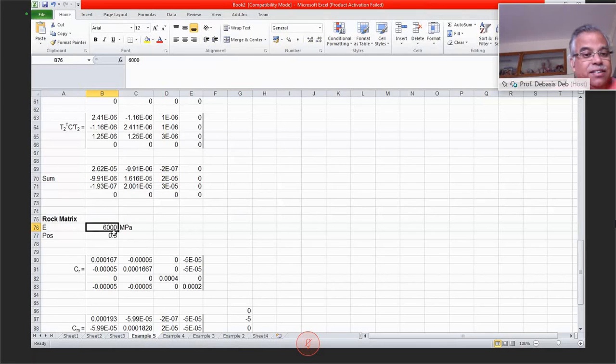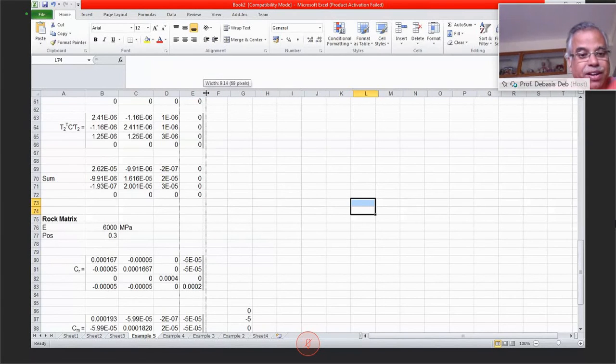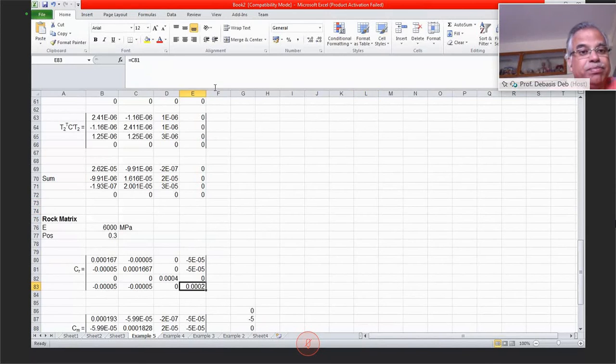And this is the rock compliance matrix from chapter 1. We have done it, 1 by this, then minus Poisson's ratio times that value. So this we already know, and this has been put in because we are considering the plane strain condition. Really, these and these are the same.